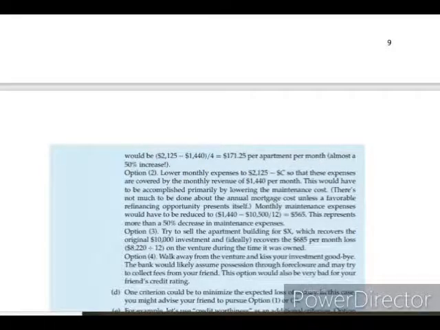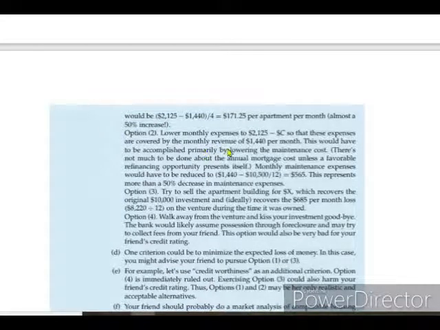Okay, that will do. So option 2, lower monthly expenses. Okay, from $2,125, he should subtract an amount of cost so that these expenses are covered by monthly revenue. Okay, so that those expenses will be offset by the revenue. So this would have to be accomplished primarily by lowering the maintenance cost. There's not much to be done about the annual mortgage cost unless a favorable financing opportunity presents itself.